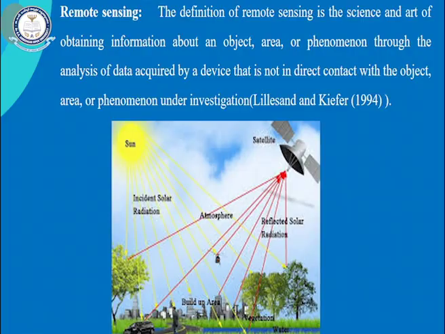So, look at that presentation. Now, you can observe that the sun is the source, and the sun is emitting electromagnetic energy and it is passing through the atmosphere and it reaches the target, that is on the ground surface.